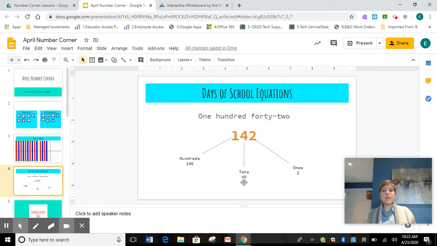What does the 1 mean? 1 group of 100. What does the 2 mean? 2 ones. Say our equation with me. 100 plus 40 plus 2 equals 142. Very nice.